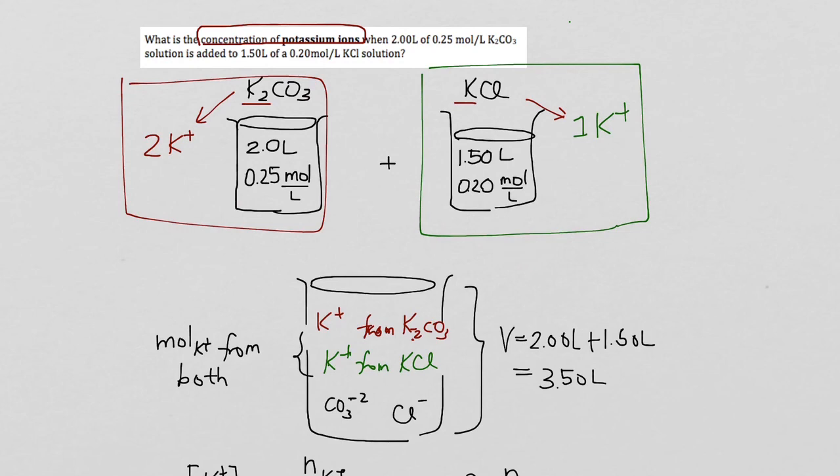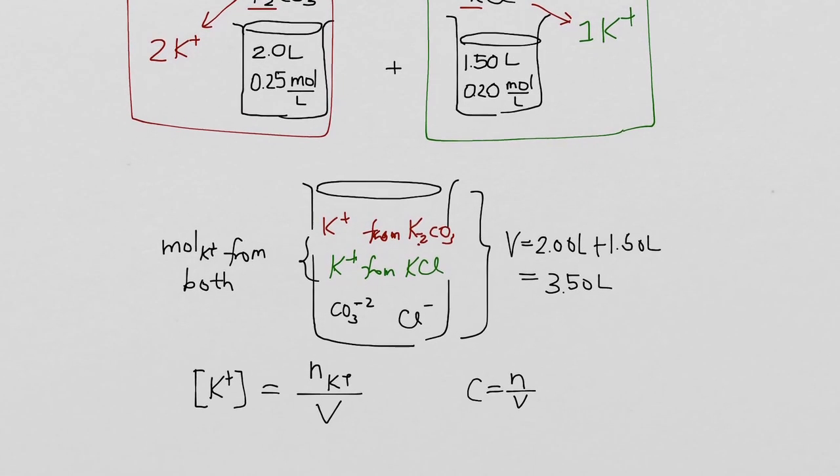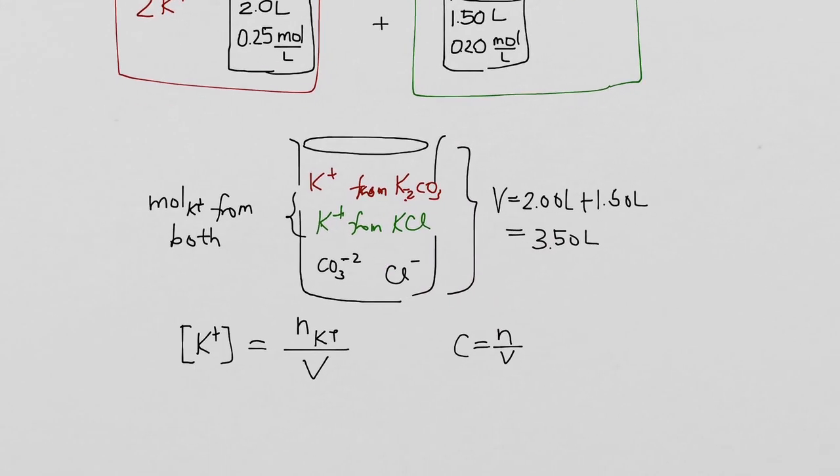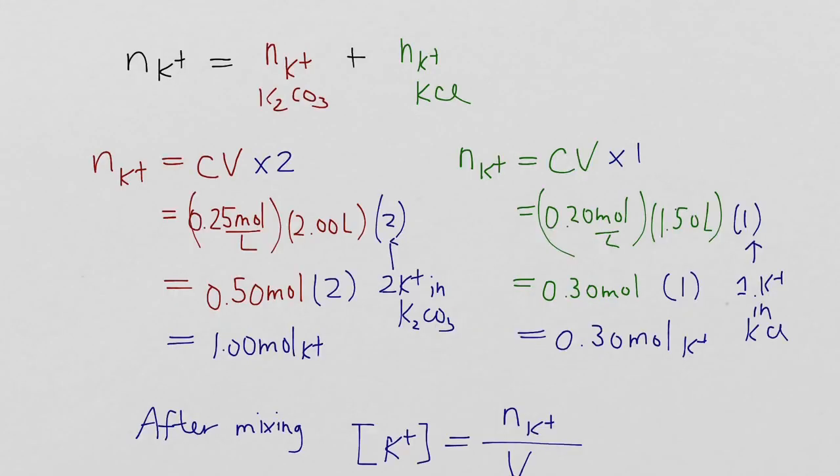But what we want is the concentration after mixing, which requires us to calculate moles of potassium ions from here, calculate moles of potassium ions from here, so we get moles of potassium ions from both, and then divide it by the total volume after mixing. And then we went ahead and used the equation N equals CV to calculate moles of potassium ion.